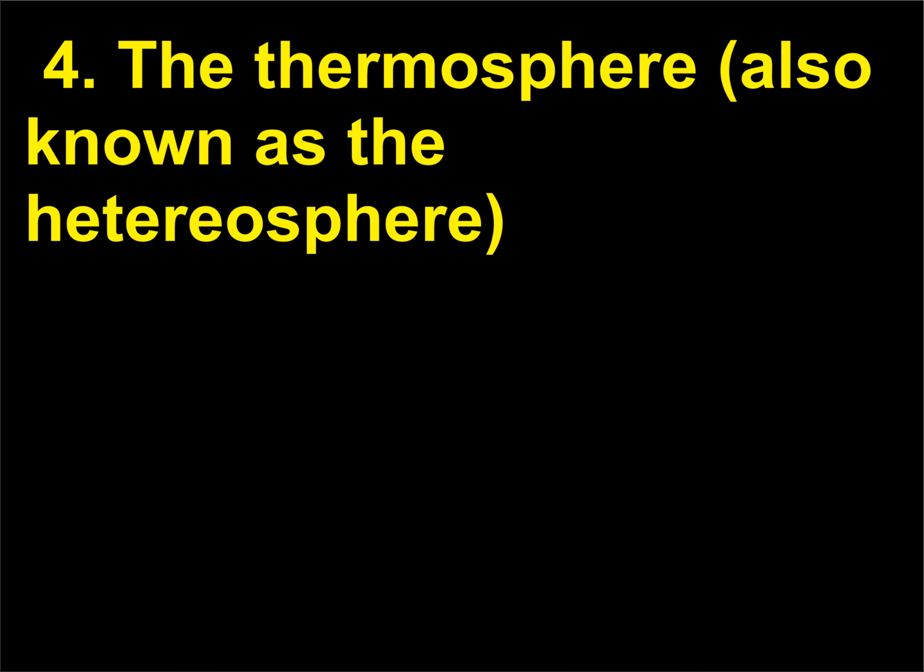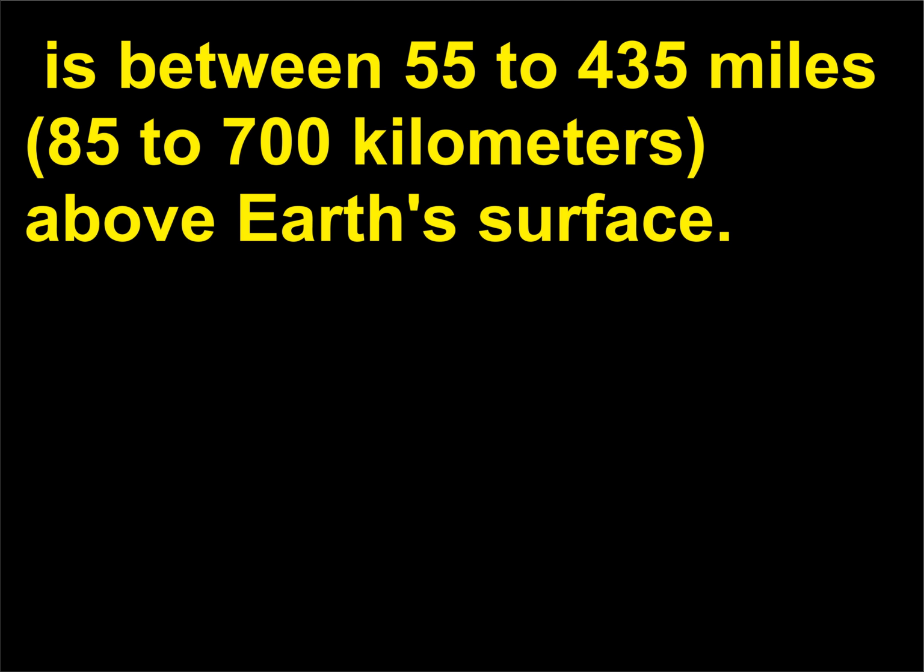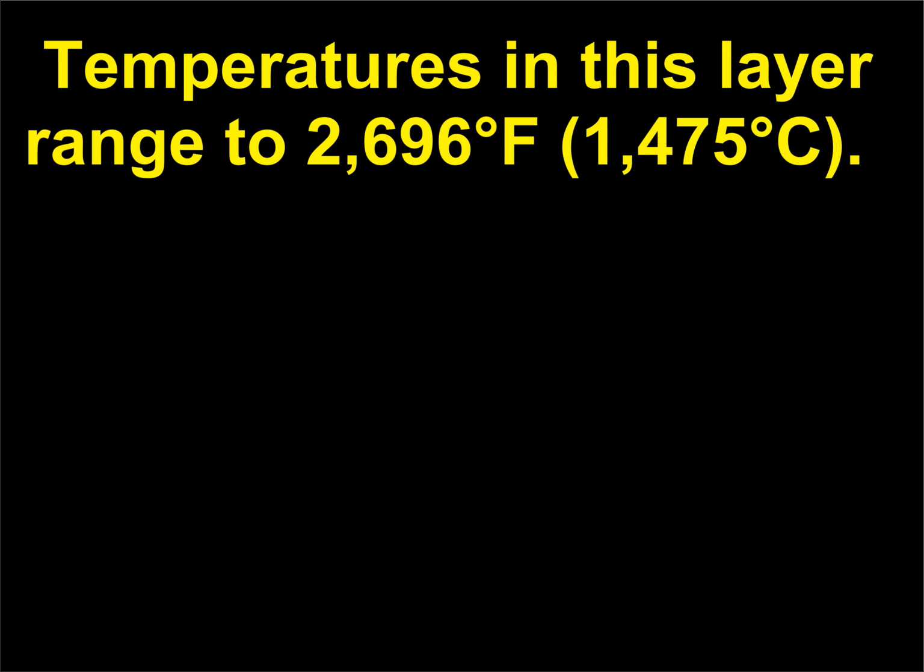The thermosphere, also known as the heterosphere, is between 55 to 435 miles, 85 to 700 kilometers, above Earth's surface. Temperatures in this layer range to 2696 degrees Fahrenheit, 1475 degrees Celsius.